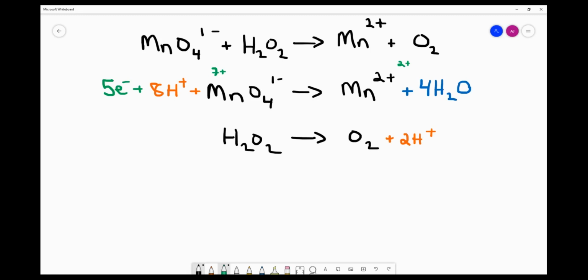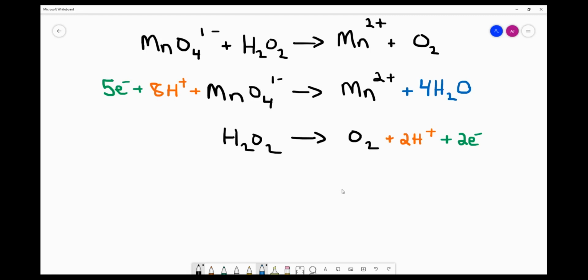By adding 5 negative charges, or 5 electrons, to the left-hand side, we have balanced the two sides. In the second equation, there are 2 positive charges on the right-hand side and no charge on the left-hand side, so I'll add 2 electrons, or 2 negative charges, to the right-hand side to balance the sides.